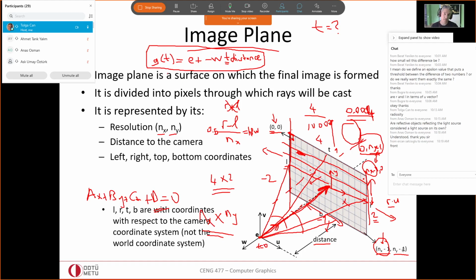So we are going to use this ray equation and intersect it with the sphere equation to find some t values. Most of the time you may get 2 t values, because if a ray pierces through a sphere, there will be 2 intersection points. And the intersection points will be identified along the line by this parameter t.